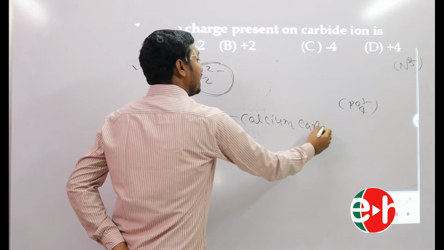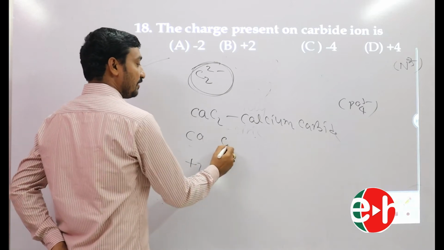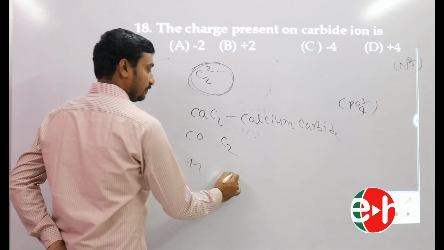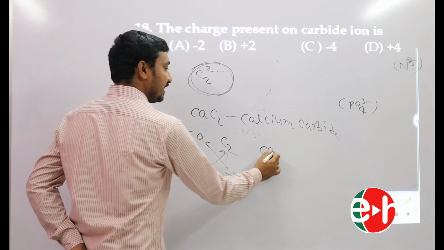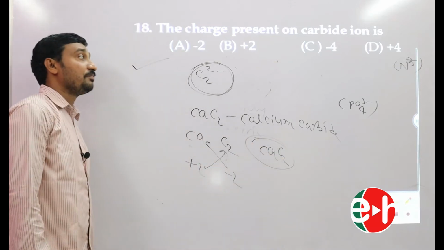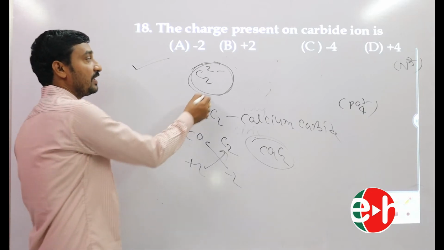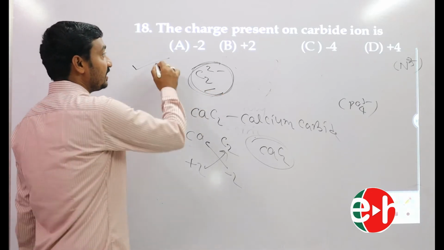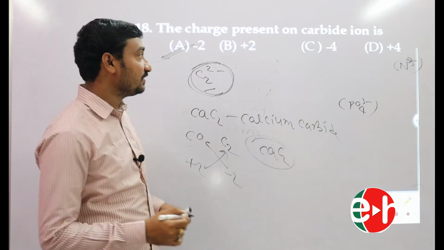We know calcium has plus 2 charge, carbide C2 minus has 2 charge, then crisscross and cancel, CaC2, calcium carbide. C2 minus, carbide ion. Okay, so what is the right answer? Minus 2. Okay, next one.